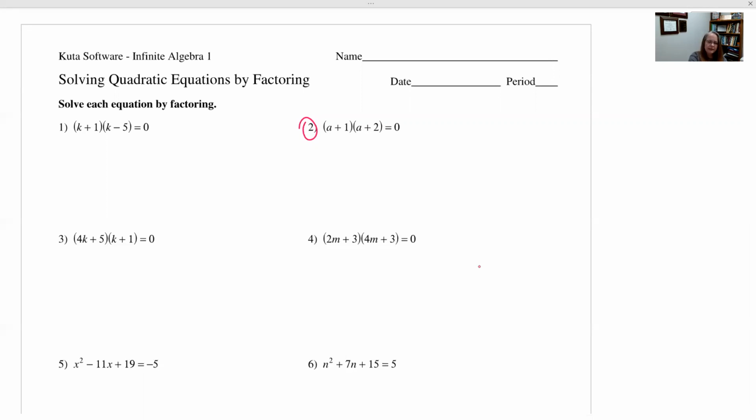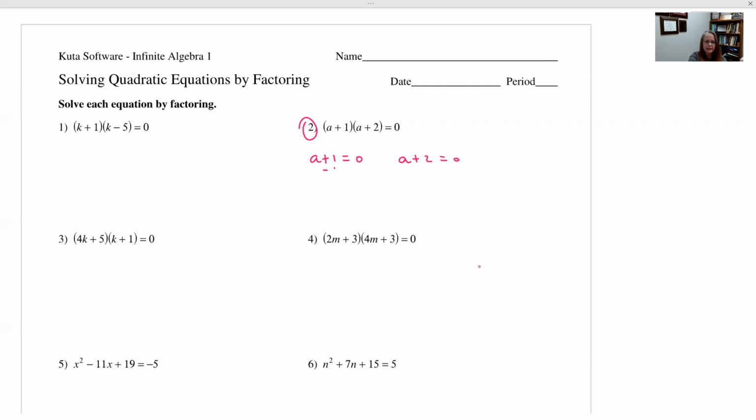So I'm going to take the first factor, a plus 1, and set it equal to 0. Then I take the second factor, a plus 2, and set it equal to 0. And then I solve each of these individual equations for a.